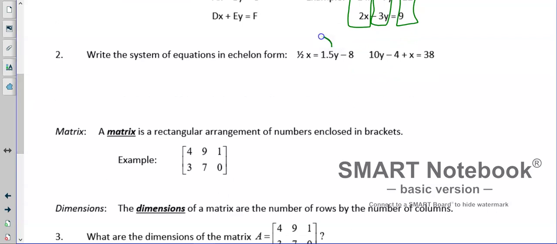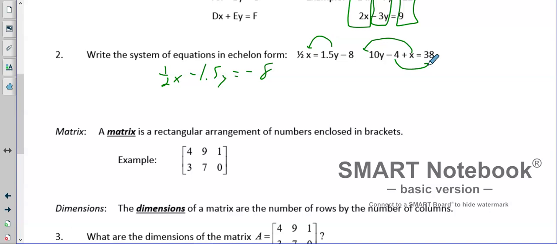So number 2, get an echelon form. First off, we need to move this bad boy over here, and we're going to put it after the x. So that's 1/2 x. To move it over, we need to subtract 1.5y, and the negative 8 stays as it is. Over here, we need to just switch places and put the x in front of the 10y, and we need to add 4 to both sides.